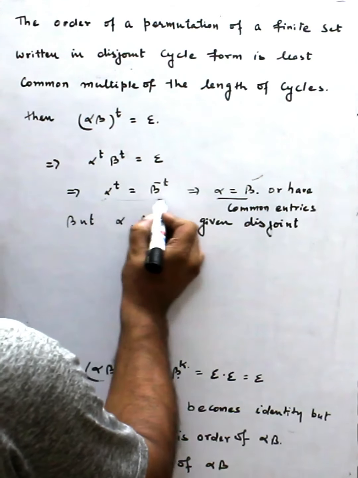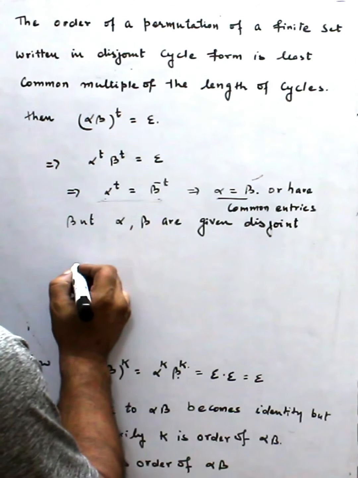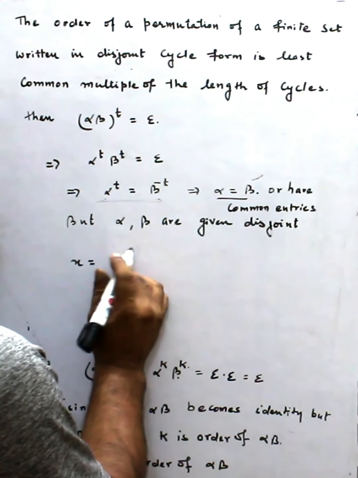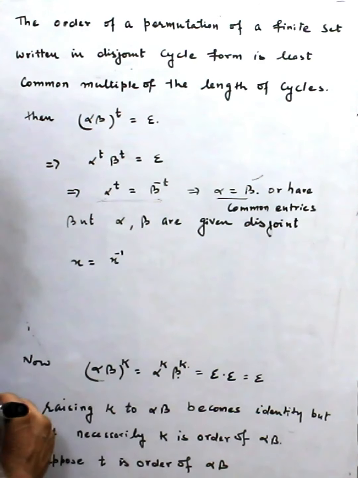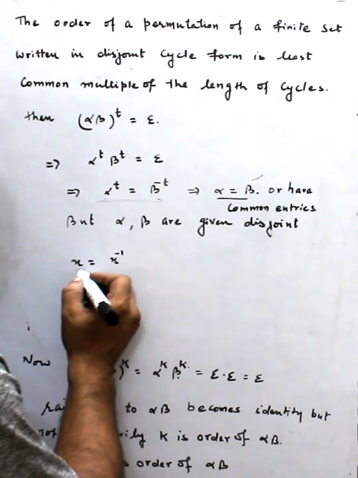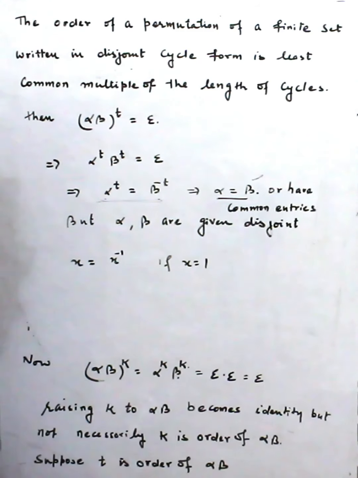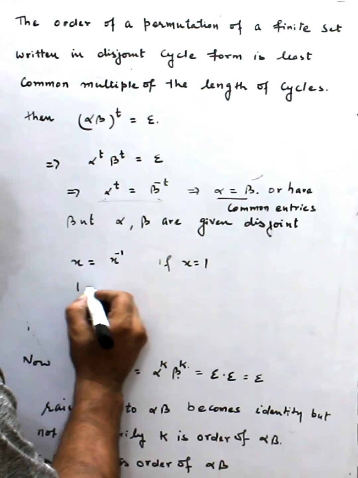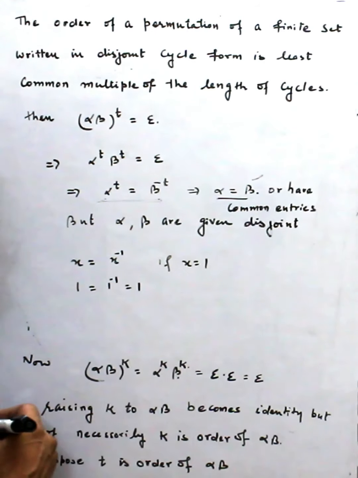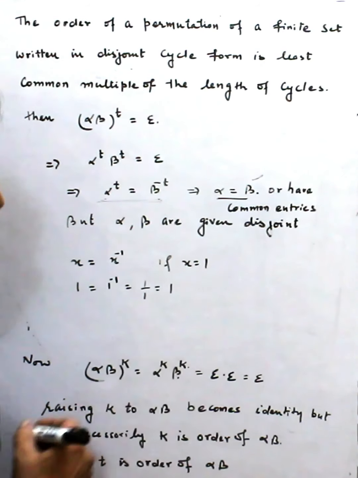Then when is this possible? In general, if I say x equal to x inverse, when is it possible? If x is a real number, then this is only possible if x is equal to 1. See, 1 raised to minus 1 is actually 1, or you can say 1 by 1 and this is again 1.